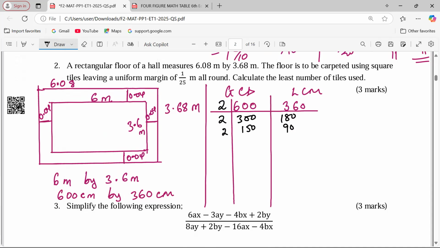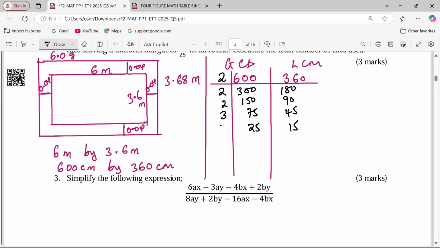So that means 2 can still proceed to give us 75 and 45. Then at this level, 2 cannot continue dividing, but I can see 3 can, to give us 25 and 15. Now 3 cannot divide both of them again because 25 is not a multiple of 3, but 5 can divide both, such that we're getting 5 and 3.